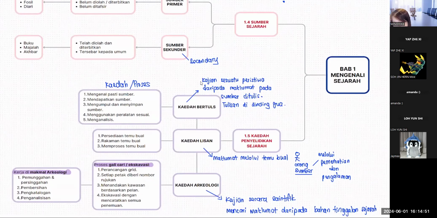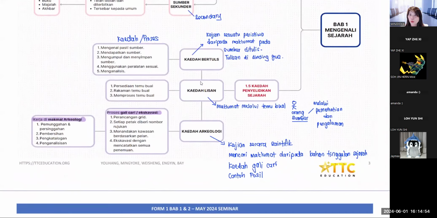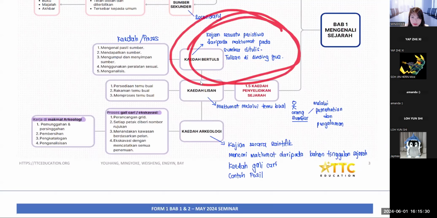Understand? Okay, now. Then we move on into when we research our history, we need to use the research method. There are 3 methods, guys, we are divided into kaedah bertulis, kaedah lisan, kaedah archaeology. Kaedah bertulis is a research on incident that information is written or carved, especially on the wall, on the leaf, on the wood, whatever lah. You understand? That's why it's called kaedah bertulis.